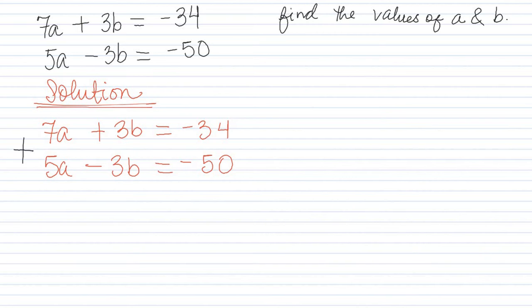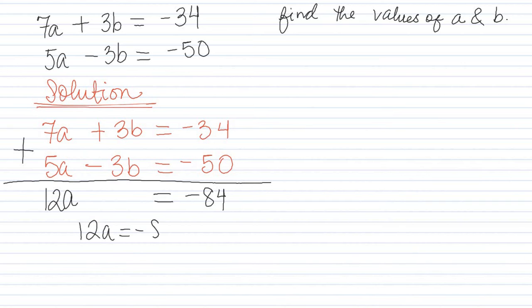So we can just put a positive sign so we can eliminate the variable b. So 7 plus 5 is basically 12. We have the variable a, so that's 12a plus 3b minus 3b. So 3b minus 3b is basically 0, so we can ignore that. And then we have negative 34, negative 50. So that's going to be equal to negative 84. So we've got 12a equals negative 84.